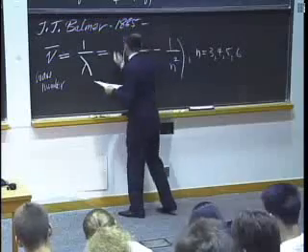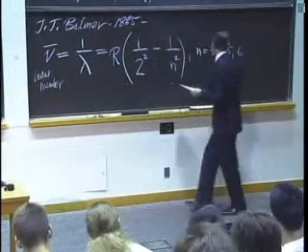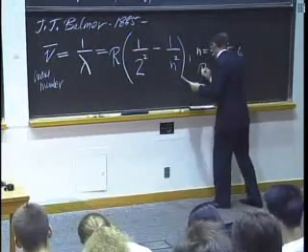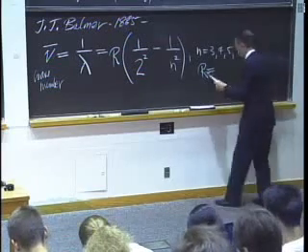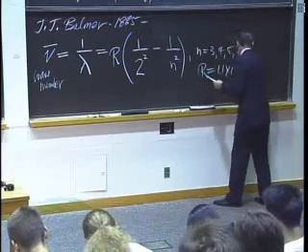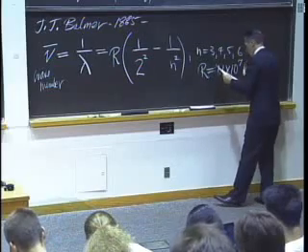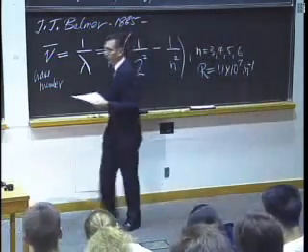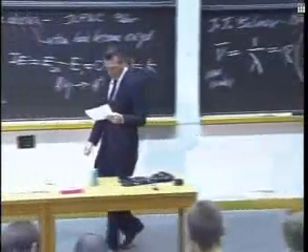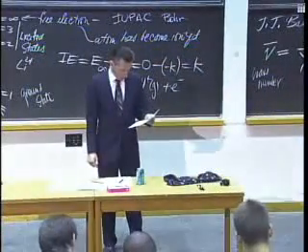And there's a constant out here, and the constant, if we redo it in modern SI units, would take on the value of 1.1 times 10 to the 7th reciprocal meters.